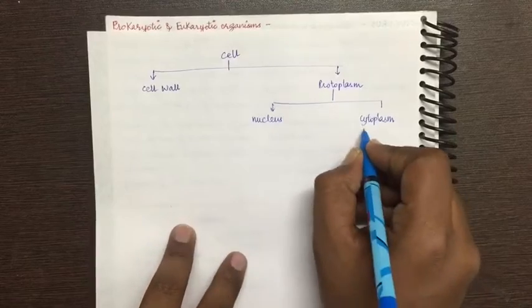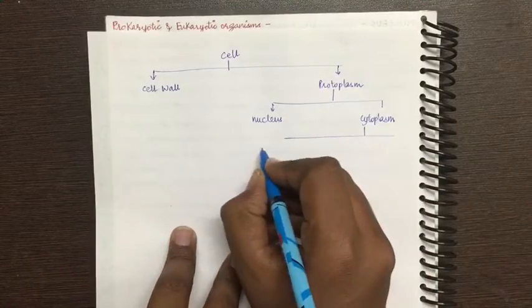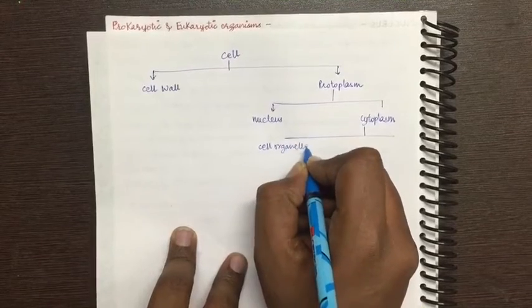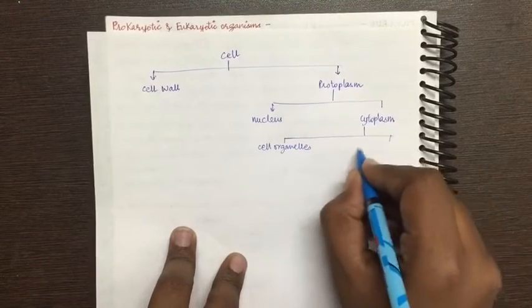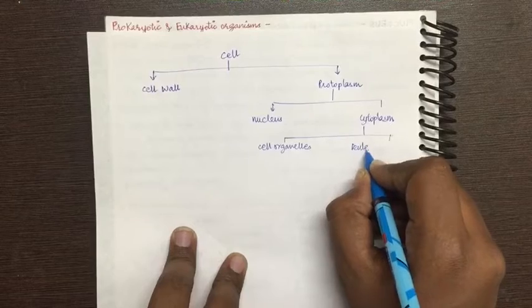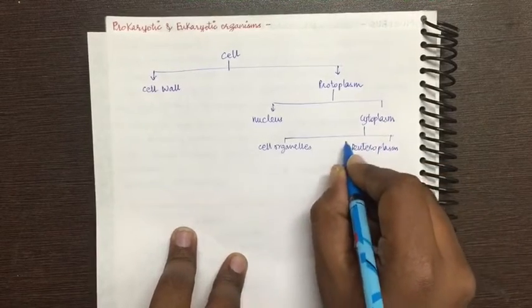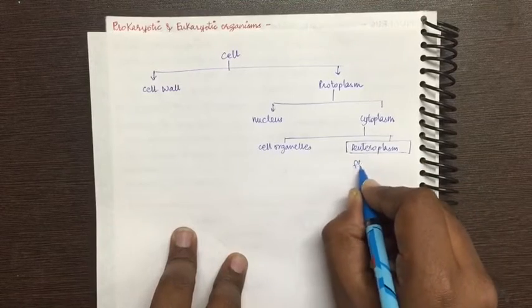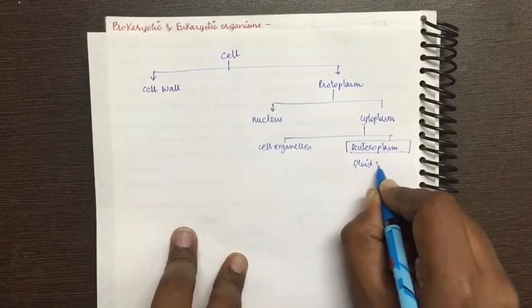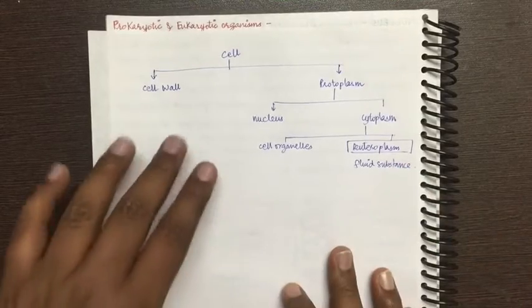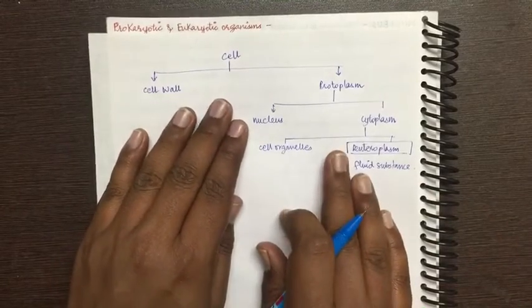Now cytoplasm contains cell organelles and deuteroplasm. For your knowledge, deuteroplasm is the liquid material or fluid substance of cytoplasm. This is a division of the cell for your understanding.